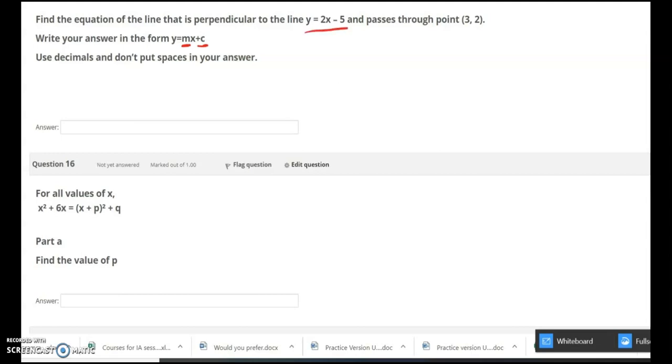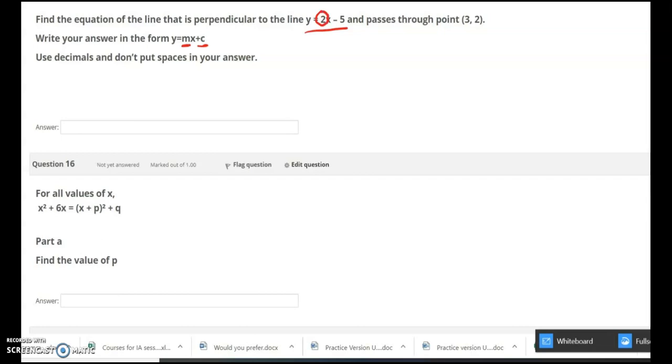So we know that the equation of the line that we are after is perpendicular to the line y equals 2x minus 5. In order for it to be perpendicular, the gradient of it must be the negative reciprocal of the gradient of this line.